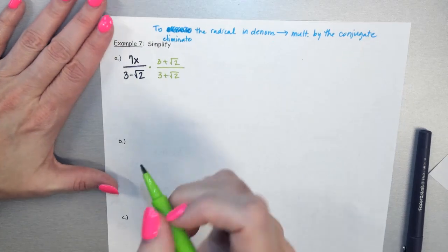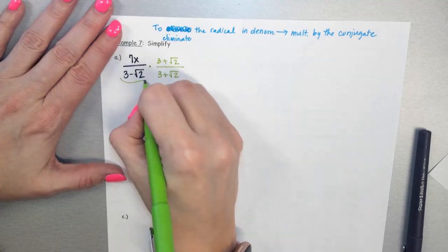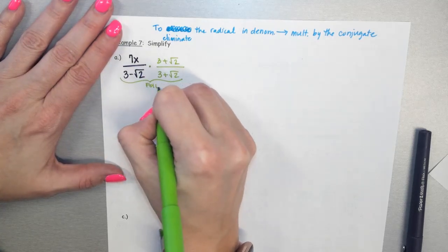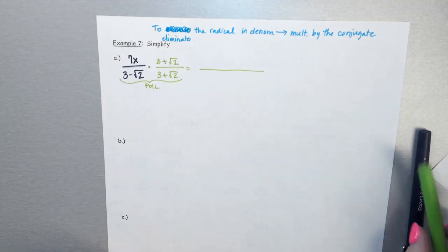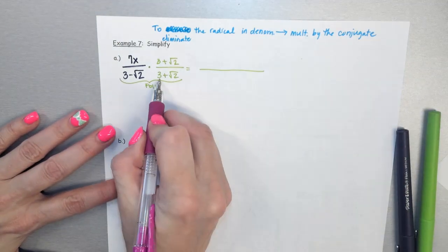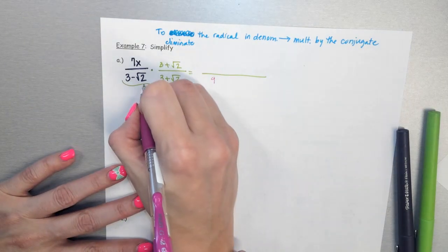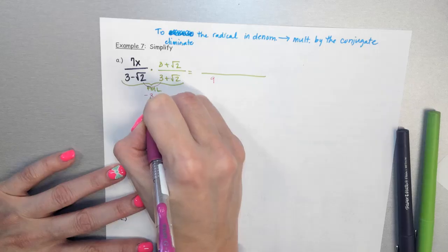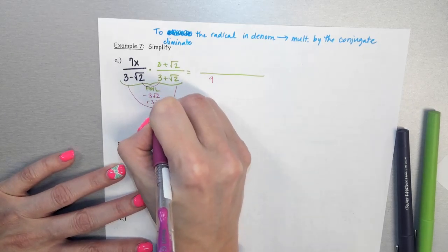Okay? Now, in the denominator, you are going to FOIL. So let's think about what's happening here. If you do 3 times 3, you get 9. When you do the inside, you have negative 3 root 2. On the outside is positive 3 root 2.